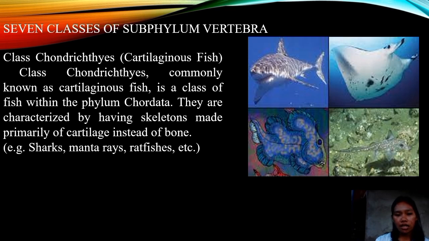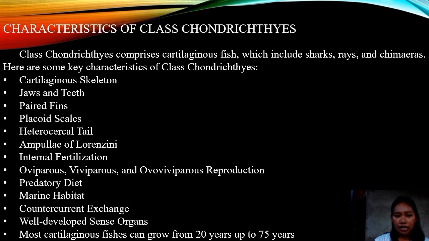These unique skeletal structures provide flexibility and buoyancy, making them well adapted to their aquatic environment. So cartilaginous fish are renowned for their diverse adaptations and are vital components of marine ecosystems. That is the class Chondrichthyes.